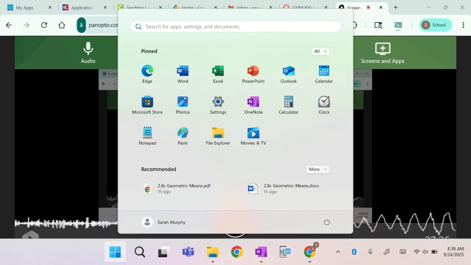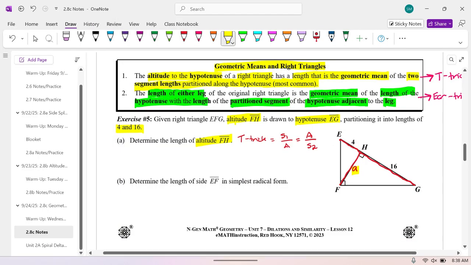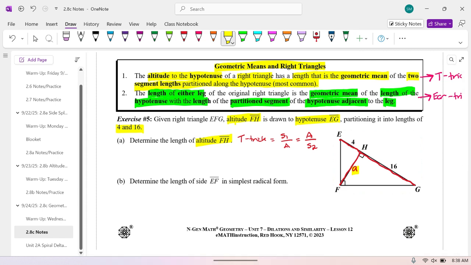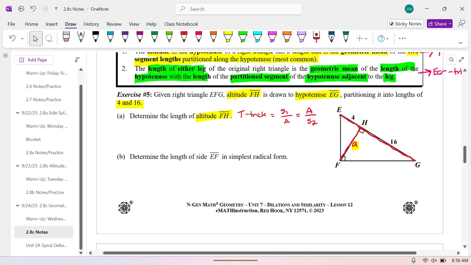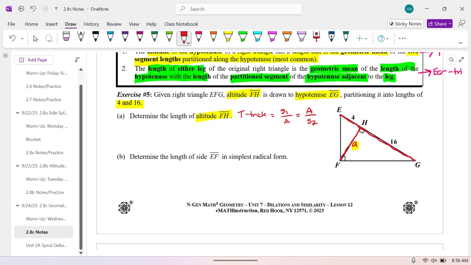So I said that my altitude is A. So to set this up, I would have 4 over A. I just picked one of the sides and put it over A. And then my other would be A over 16.